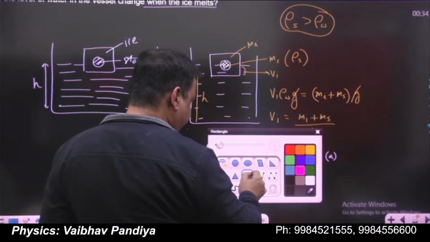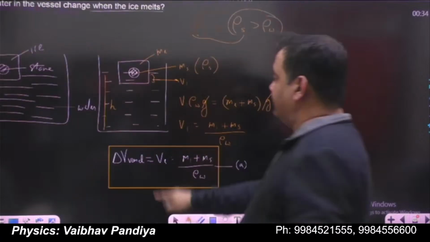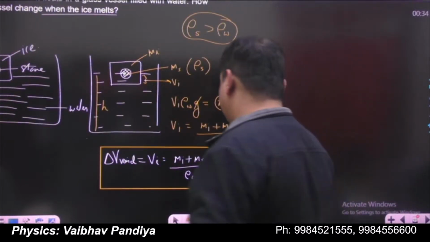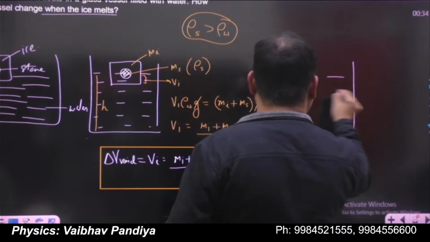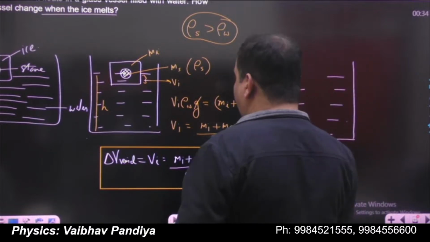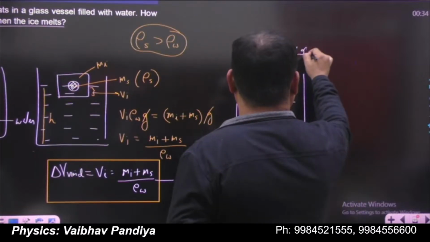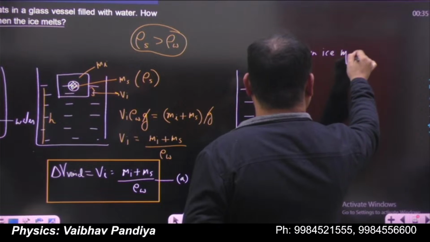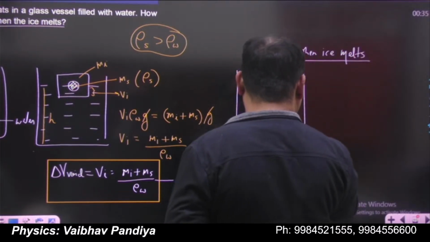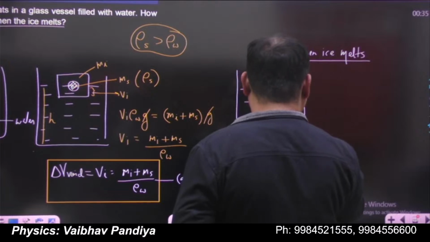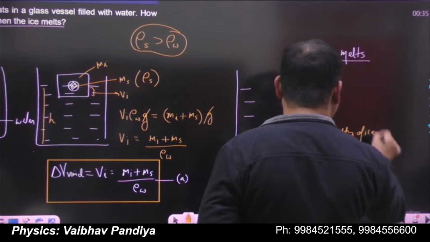Now, actually that ice block has not been taken anywhere. It simply gets melted in the same liquid. So when the ice gets melted in the same liquid, the stone will fall in the liquid, correct? When ice melts, say this is the volume V1 formed by melting of ice.